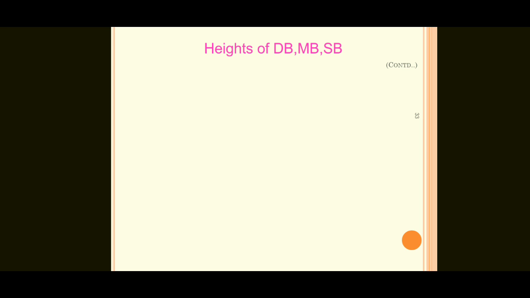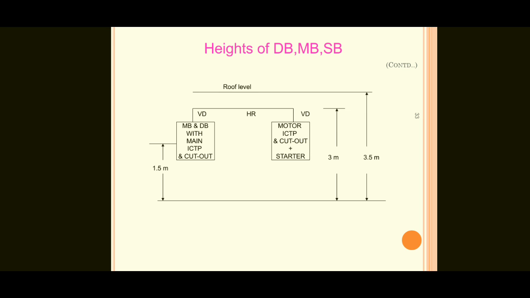Heights of DB, MB and SP: roof level, MB and DB with main ICTP and cutout 1.5 meter. Motor ICTP and cutout plus starter 3 meters. From the ground level to roof level is 3.5 meter.